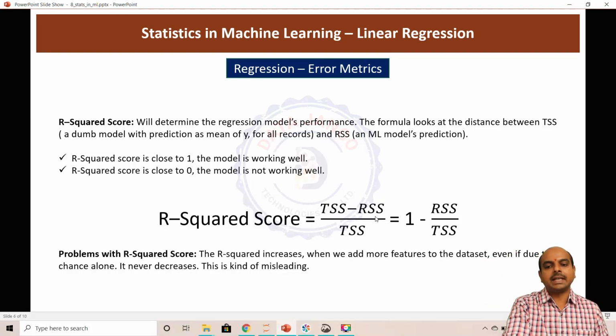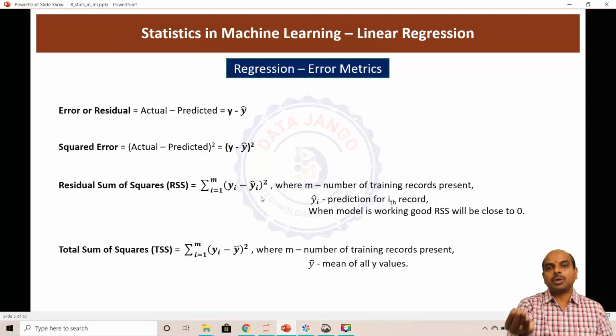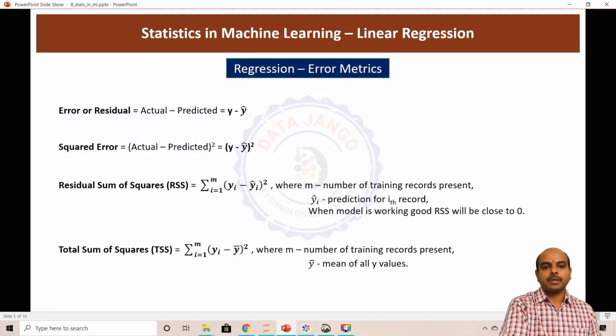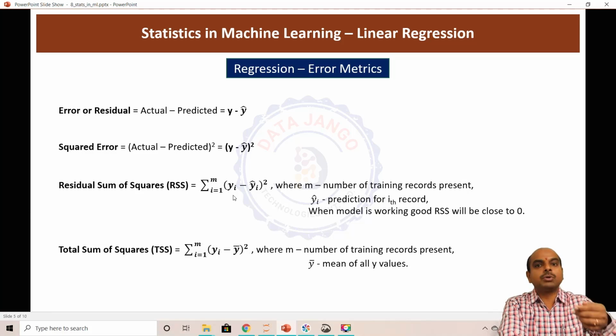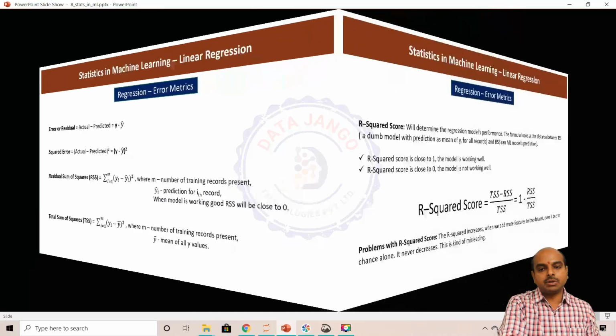And RSS is the intelligent model's prediction error. When you look at the formula, the intelligent model's prediction y cap should always be close to y. If y cap is almost close to y, the difference is going to be almost zero for every row. If the model is working too well, it's almost zero for every row, and when you sum all the zeros, it's going to be zero.